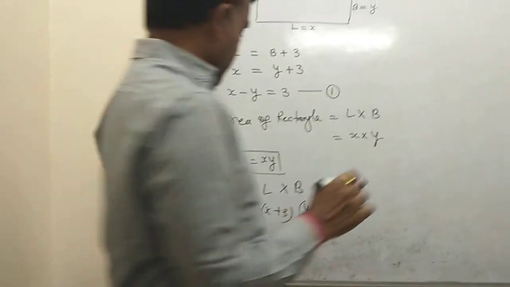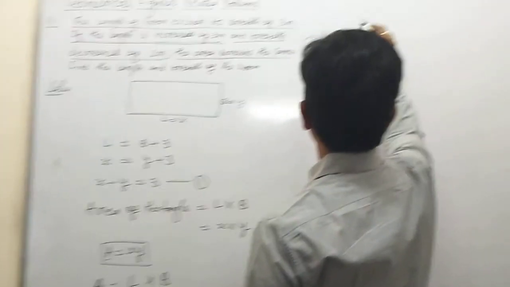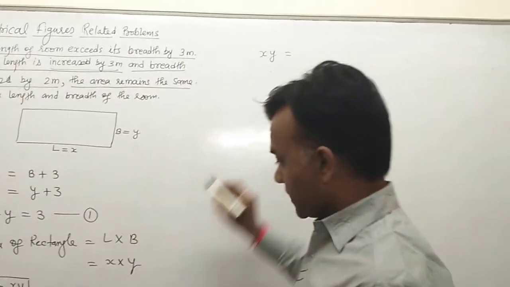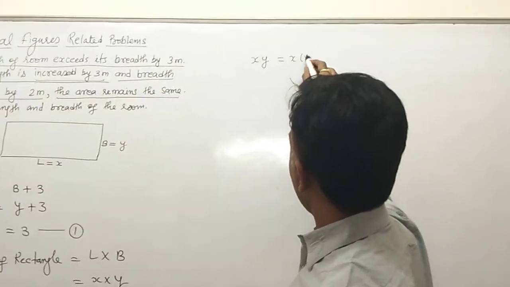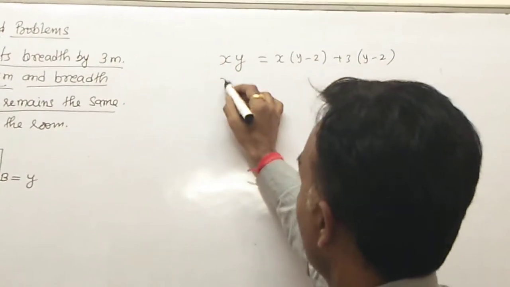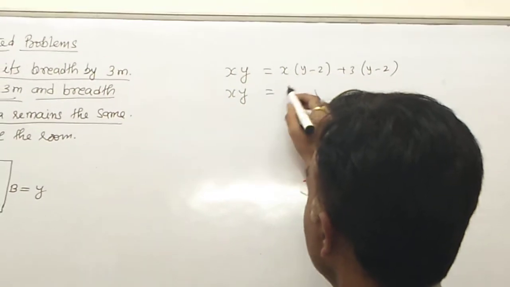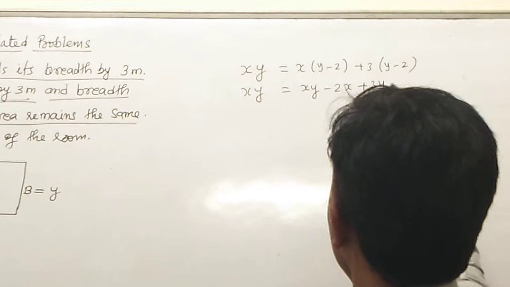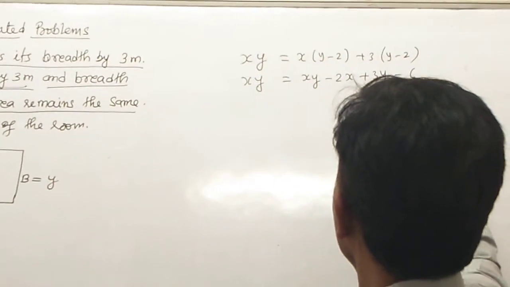Now we simplify. Keep x into y as it is, and multiply this bracket by this bracket: x into y minus 2 and plus 3 of y minus 2, which is xy minus 2x plus 3y minus 6.